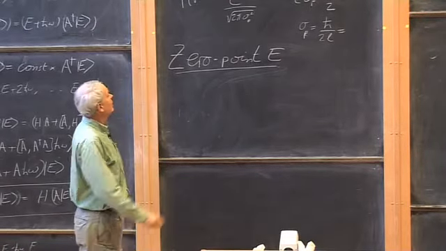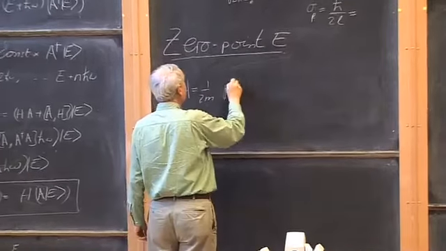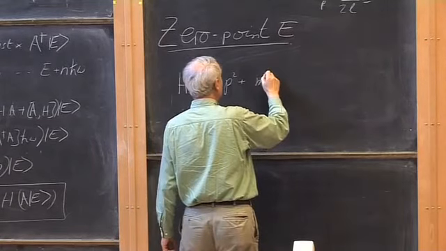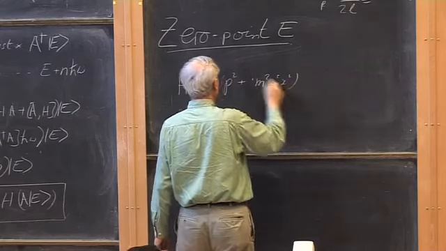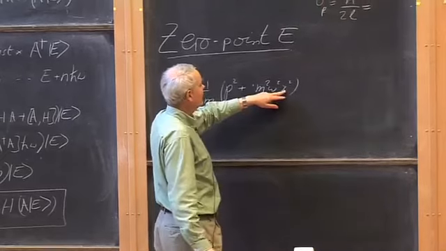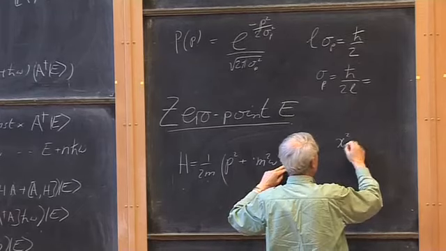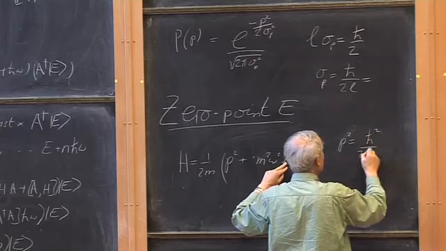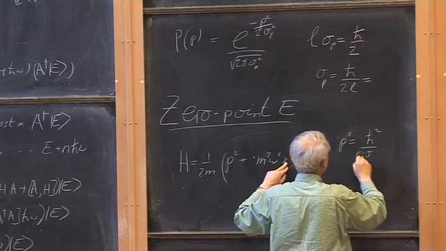In fact, you see, if we say H is equal to 1 over 2m of p squared plus m squared omega squared x squared, and we put in the uncertainty relation, we say that p squared is equal to h bar squared over 4x squared, because I've squared it.